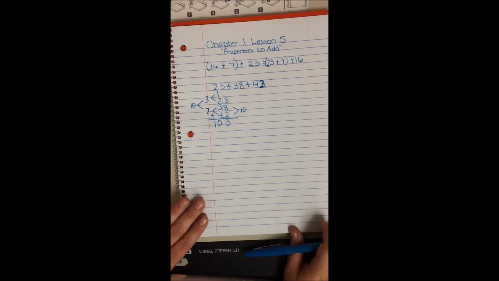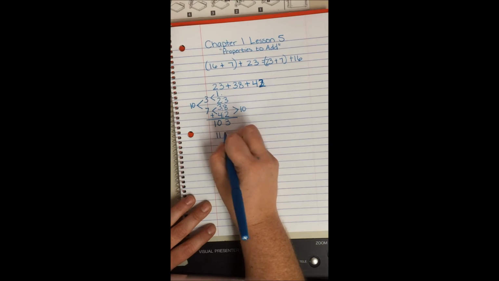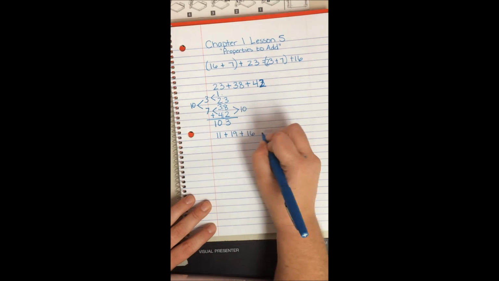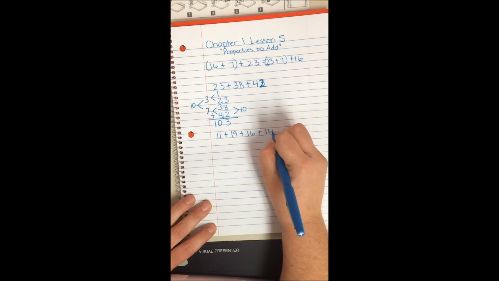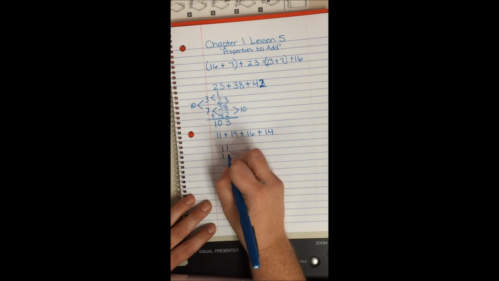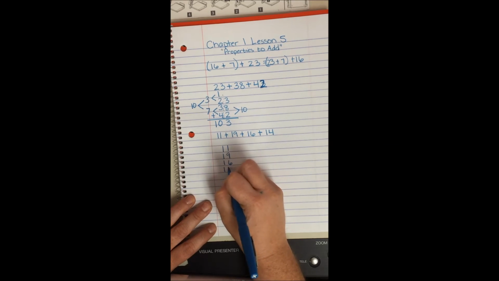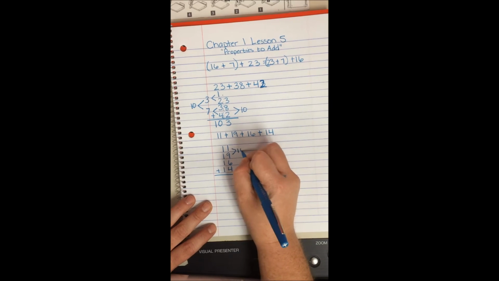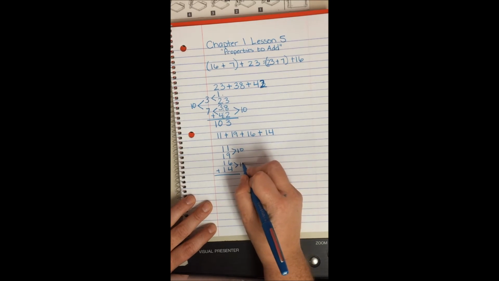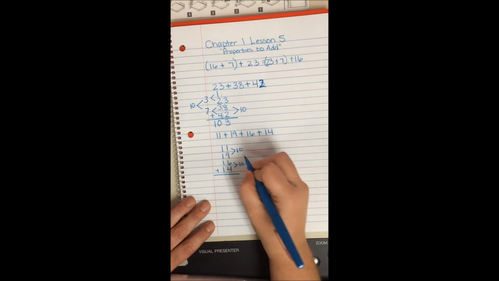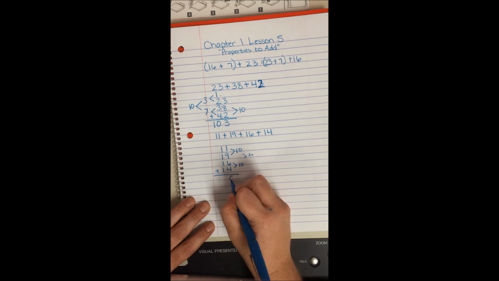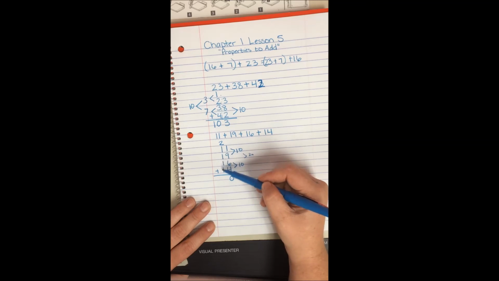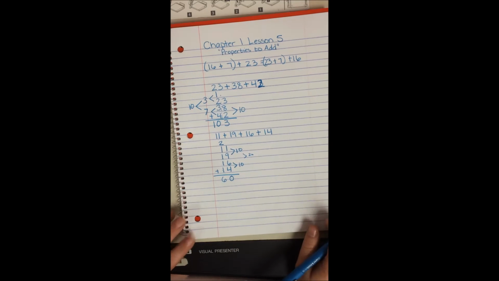So if I had the addition problem 11 plus 19 plus 16 plus 14, and I line them up using place value, then I can look at it and I can see easily that 9 and 1 makes 10, 6 and 4 makes 10, obviously 10 and 10 makes 20, so I can place the 0, carry the 2, and then just add 2, 3, 4, 5, 6 to get my 60.